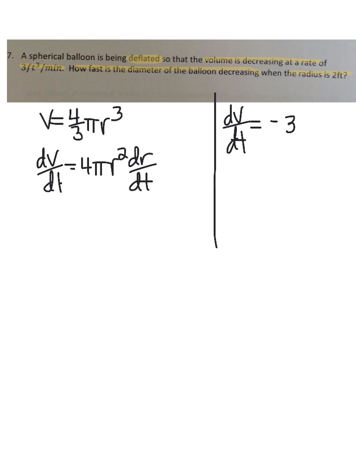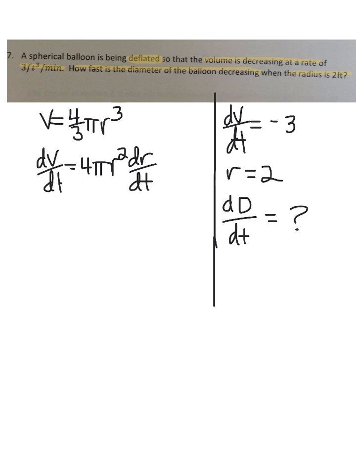All right, so we got a couple things going on there. We know that the radius is 2, and they want how fast the diameter is decreasing. So really what they want, I'm going to use a capital D for diameter, just because I've got a lowercase d right in front of it. So this is really what they want. All right, now you might be like, well, wait a minute, we haven't done anything like that, and you are right. But what I'm going to tell you is we just need to find dr/dt.